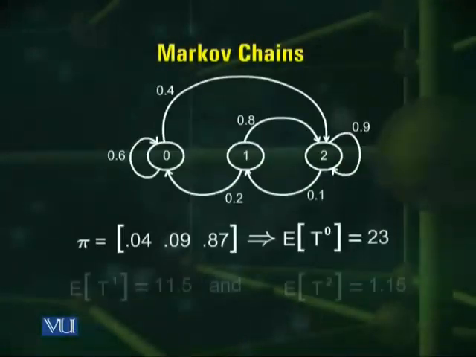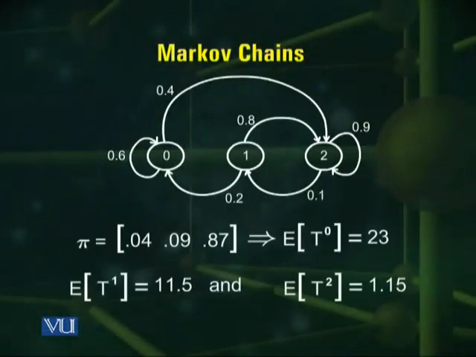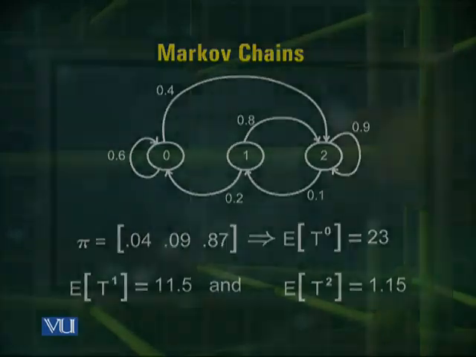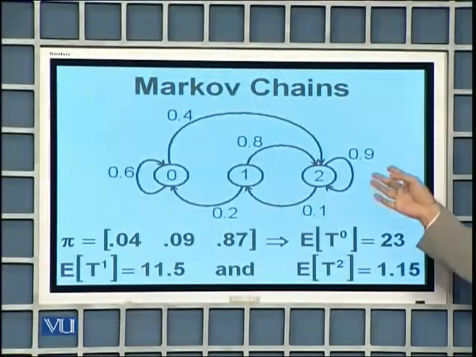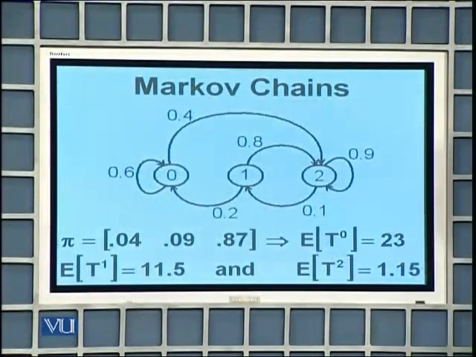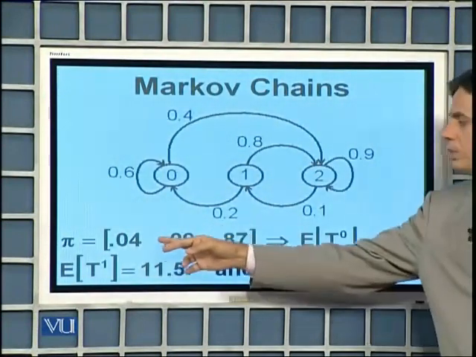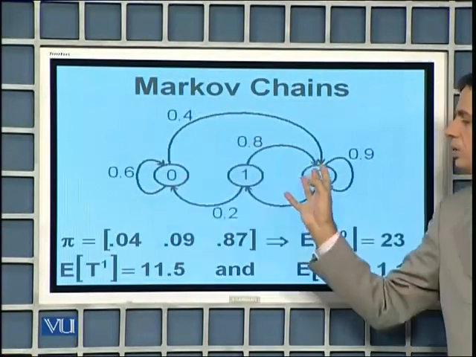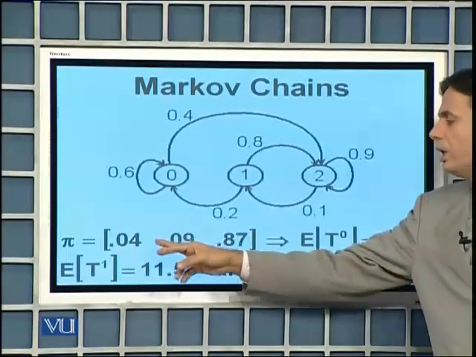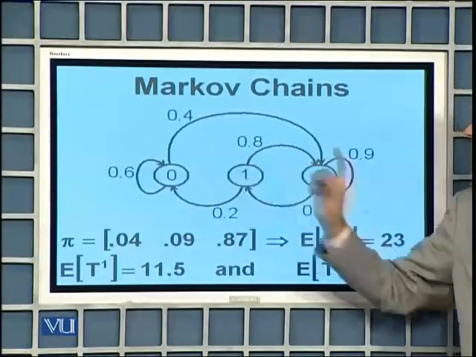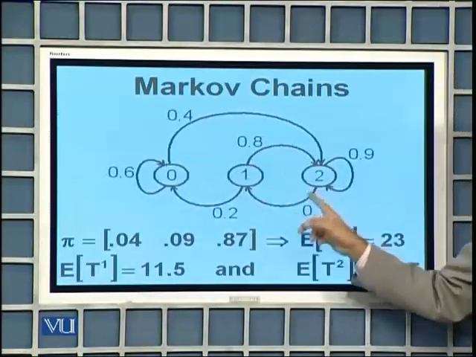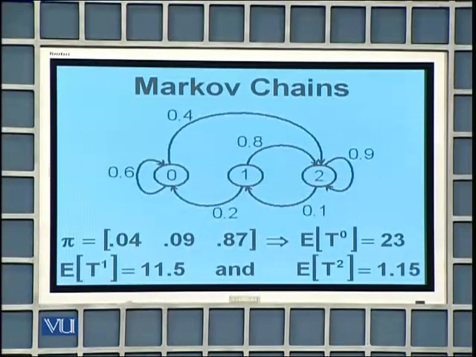The graphical model for this 3-state recurrent Markov chain is shown here with associated probabilities. We have analyzed this problem previously, and we have found that under these values of transition probabilities, the stationary probability distribution associated with these states is 0.04 for state 0, 0.09 for state 1, and 0.87 for state 2.